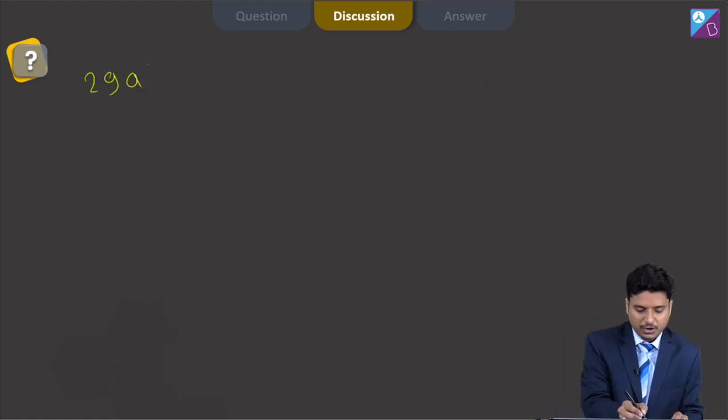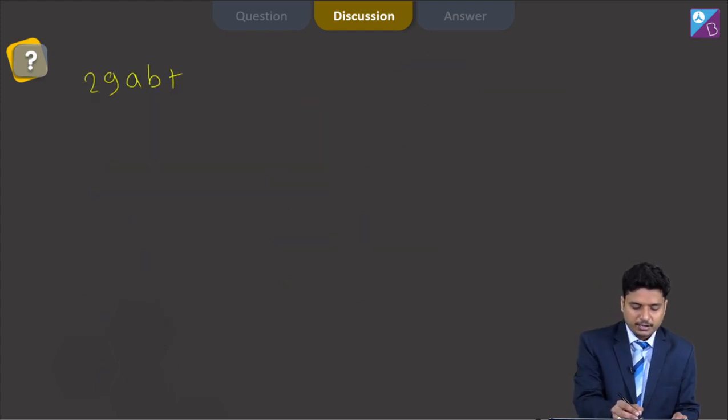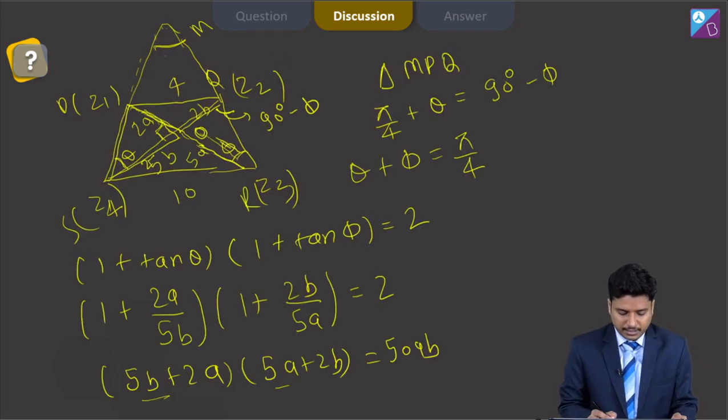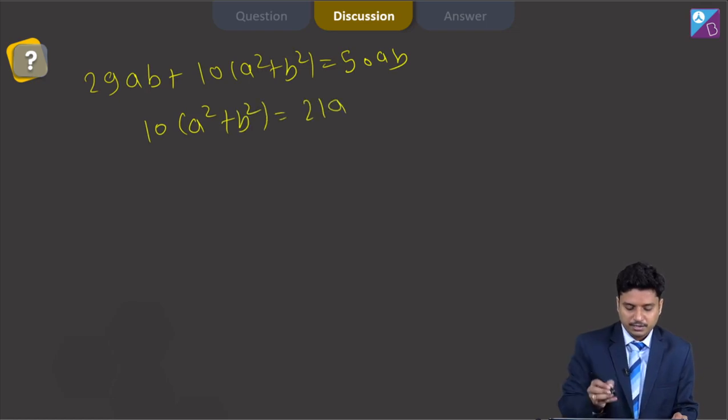Along with that, 5b into 2b is 10b square, and 2a into 5a is 10a square. So 10a square plus 10b square plus 29ab is equal to 50ab on the right side. So 10 into (a square plus b square) is equal to 21ab.